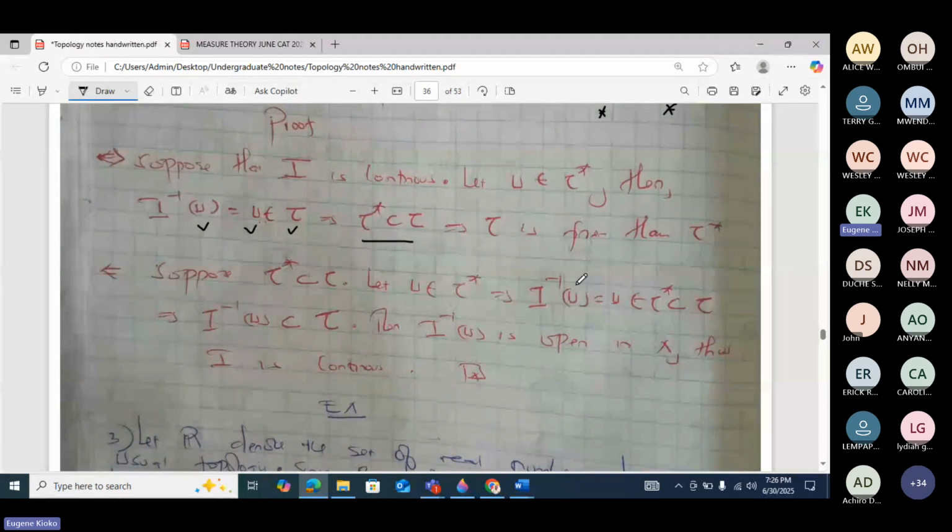That is straightforward because it is an identity function. The inverse of u is in u, but that u is in tau star. Tau star is in tau, so it clearly means u is in tau.